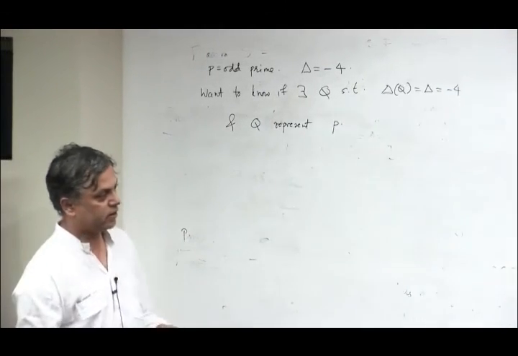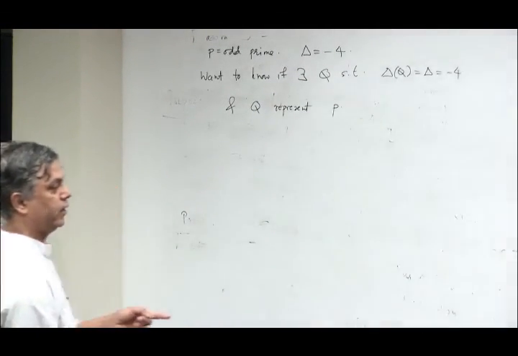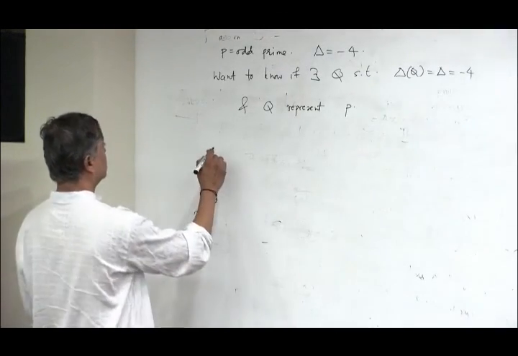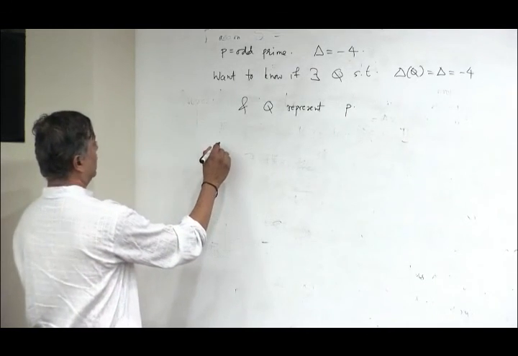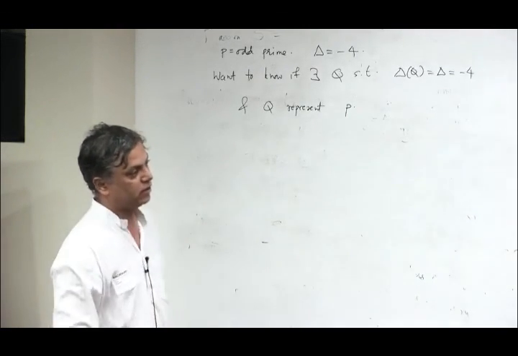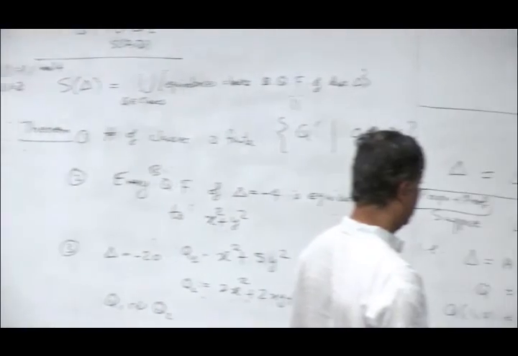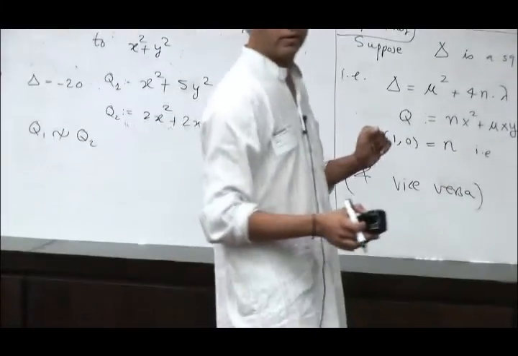Now, what is that criterion saying? It is saying that delta should be a square modulo 4n. So I want that. Actually, there is a small problem here. I think I don't want a 4 there. So I have to do some trick and get rid of this 4.